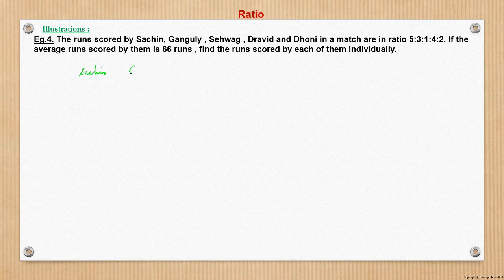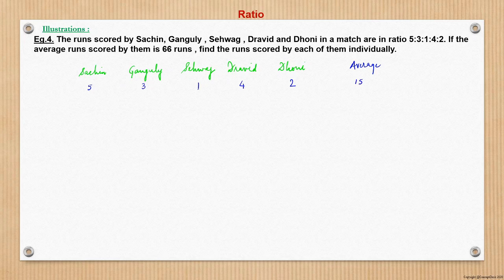Again, Sachin, Ganguly, Sehwag, Dravid, and Dhoni score in the ratio of 5 is to 3 is to 1 is to 4 is to 2. So what is the average in terms of units? 5 unit, 3 unit, 1 unit, 4 unit, 2 unit. Total is 5, 3, 8, 1, 9, 4, 13, 2, 15 units.